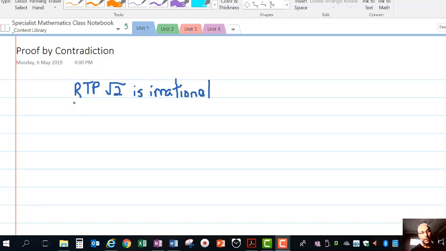So here's the proof. Let's assume that root 2 is rational, the opposite.